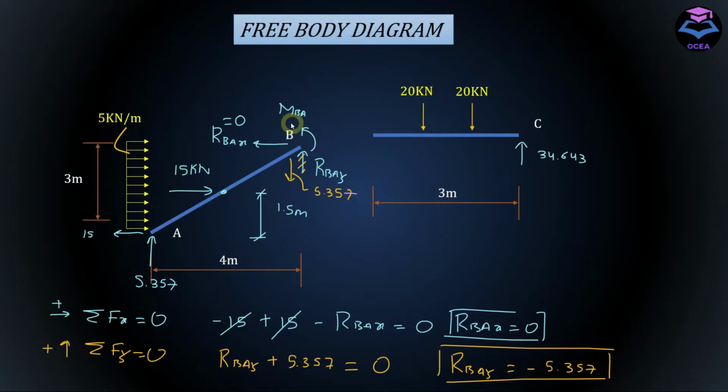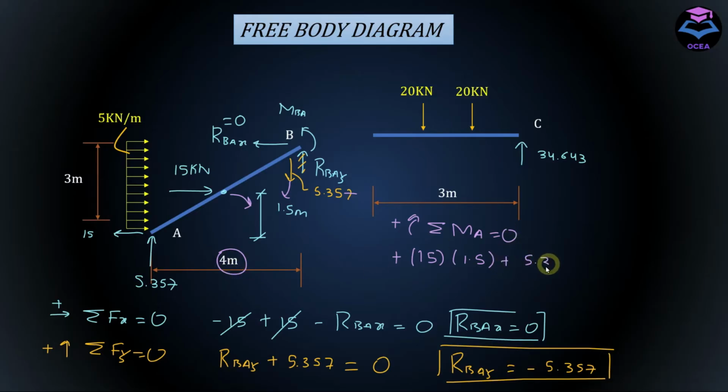To evaluate the value of MBA, we will sum the moment about A point and equate it to 0. So summation of moment about A point is equal to 0, taking clockwise moment as positive. So we have this 15 kN force creating clockwise moment, and it has a perpendicular arm of 1.5 meter with respect to A. And secondly, we have this 5.357 force creating a clockwise moment about A point with a perpendicular arm of 4 meter.